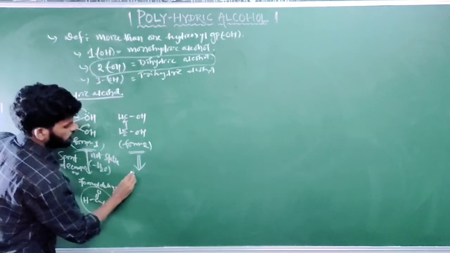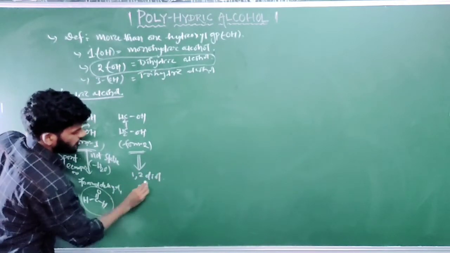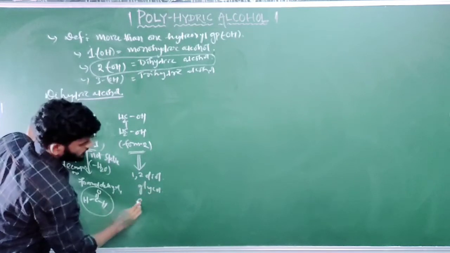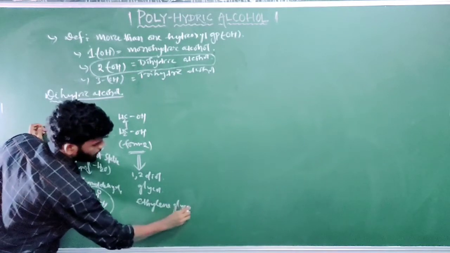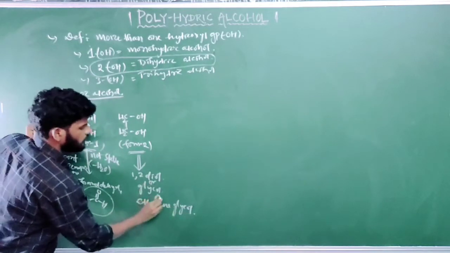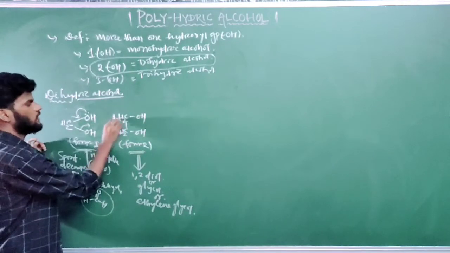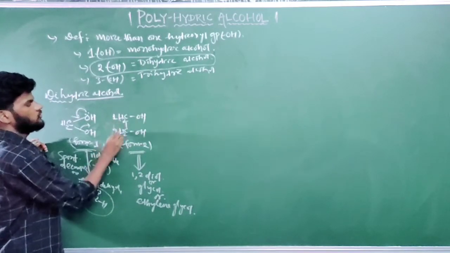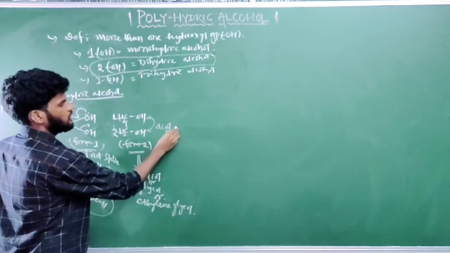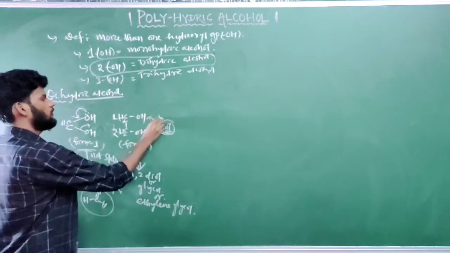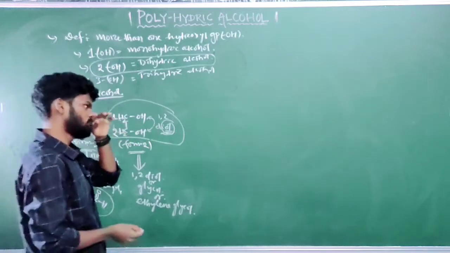Form 2 is known as 1,2-diol, other name glycol, or ethylene glycol, CH2CH2. This is 1, this is 2, two OH groups, so diol, where ol is the functional group suffix for hydroxyl. So 1,2-diol. Let us study 1,2-diol.